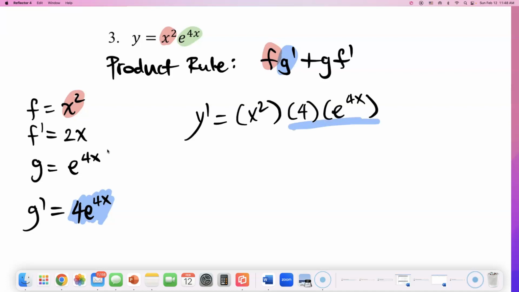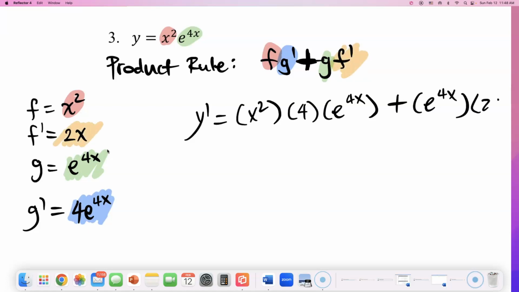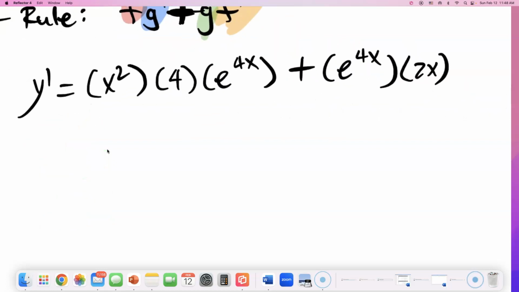It's the same blue. And then after that, I need to put the plus sign. What's g? G is e to the 4x. And I'm multiplying this by f prime. And f prime is 2x. All right. Now we're done with calculus.